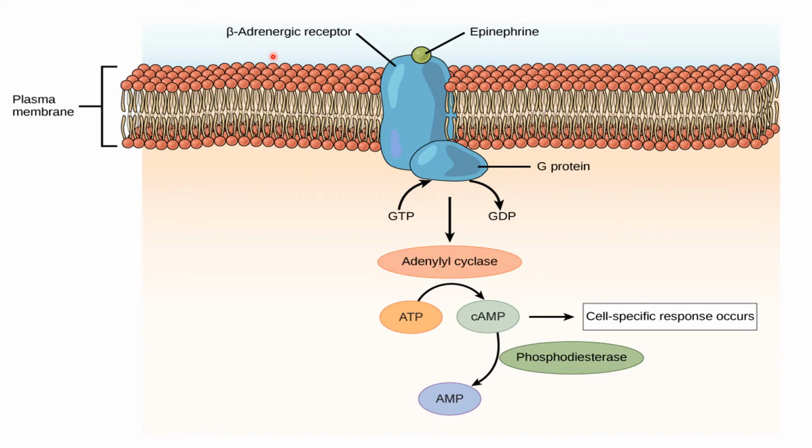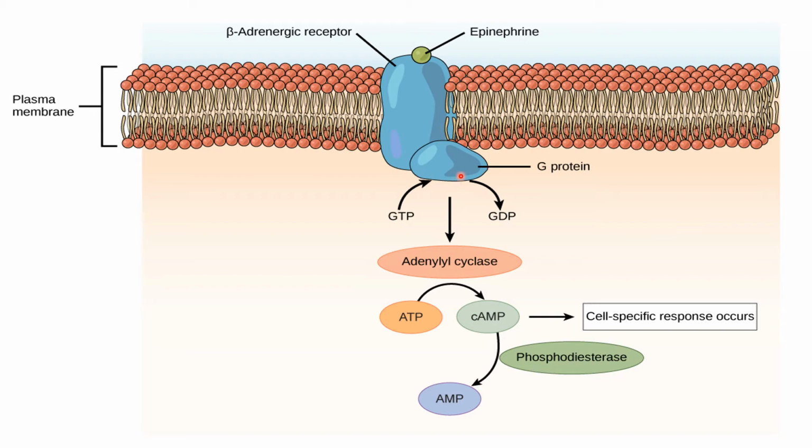Here the G protein coupled receptor along with the G protein is shown. For example, epinephrine, when it binds to the beta adrenergic receptors, which is also a kind of receptor. There are two kinds, alpha adrenergic receptors or beta adrenergic receptors. In beta adrenergic receptors, epinephrine, which is a neurotransmitter, binds to it, and then the cascade starts with the help of G protein.